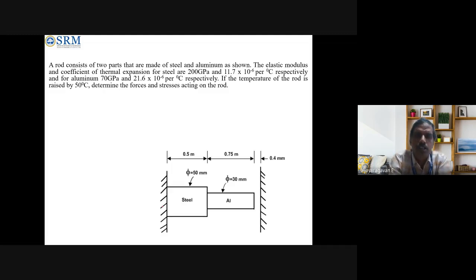Yes, based on the given data, what can we find out? So what will be the deflection?